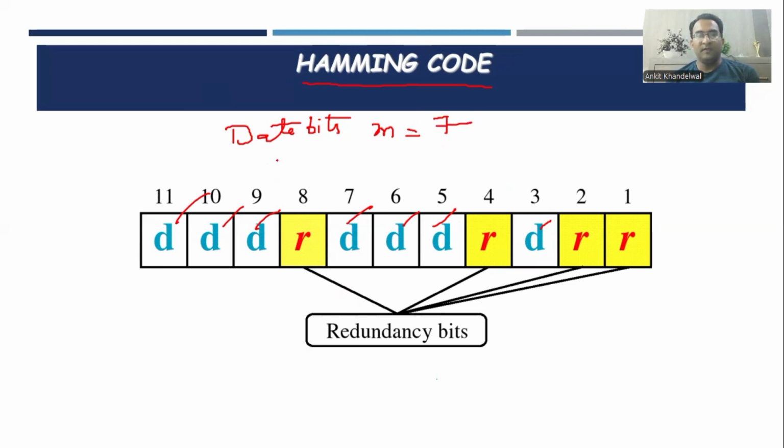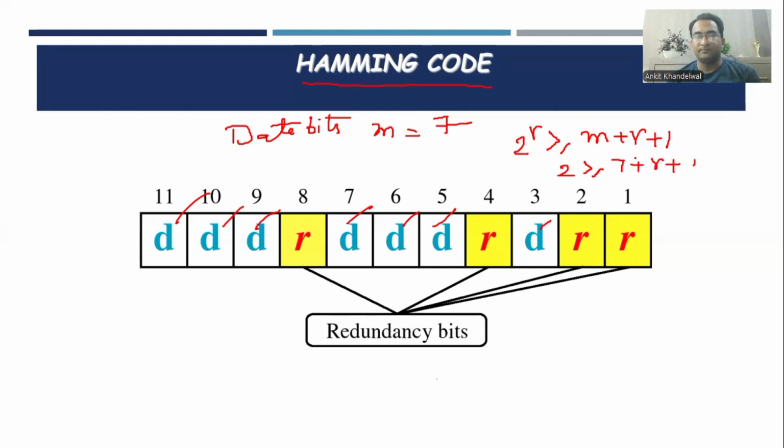And if we follow the inequality to find the value of R, then 2 to the power R should be greater than or equal to m plus R plus 1. So 2 to the power R should be greater than or equal to 7 plus R plus 1.